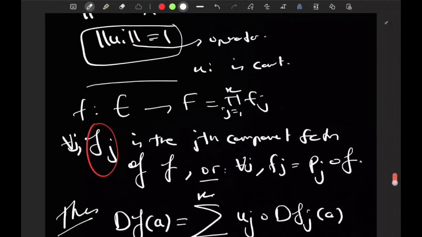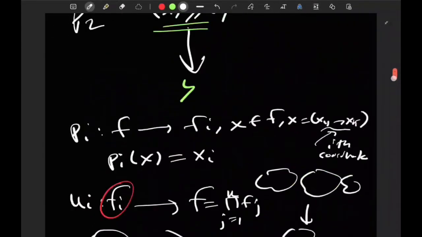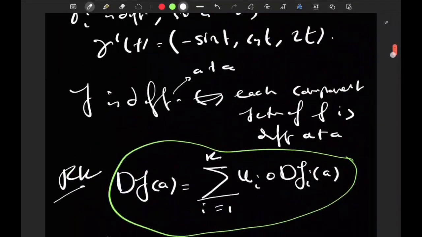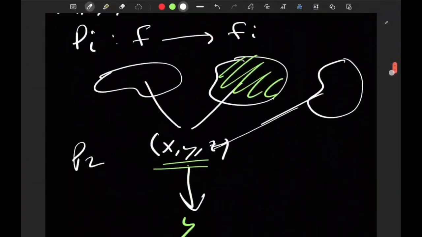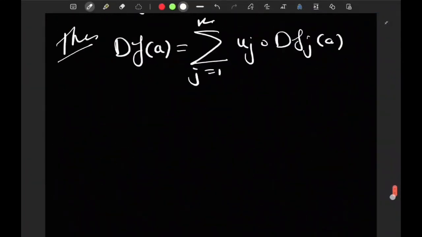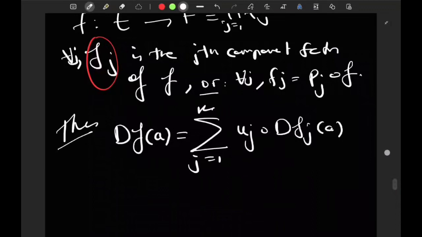And I think at the beginning I mentioned the intuitive meaning of this, so let me restate it.